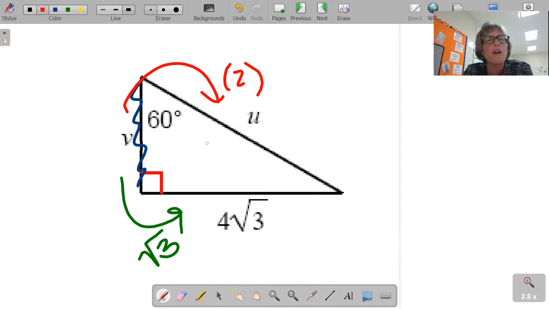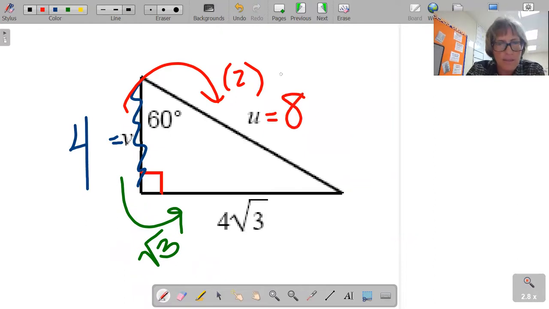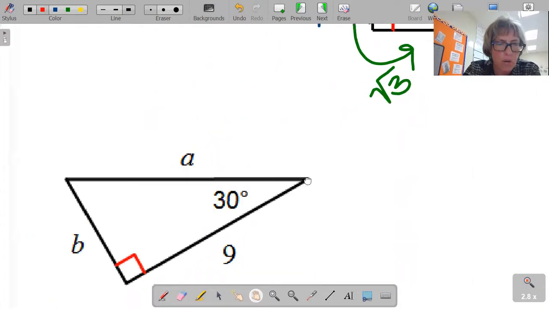So we had to work backwards. What times root 3 is 4 root 3? Our V here should be 4. And 4 times 2 is 8. Once you see this pattern, it's pretty easy to work with.